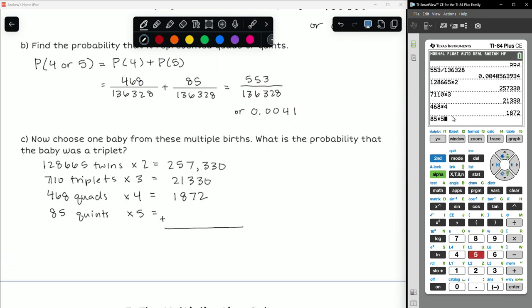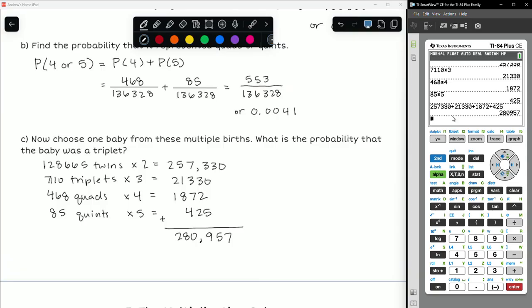And 85 quints gives us 425. So I'm going to go ahead and add those all together. And we get 280,957. So a little less than 300,000 babies.